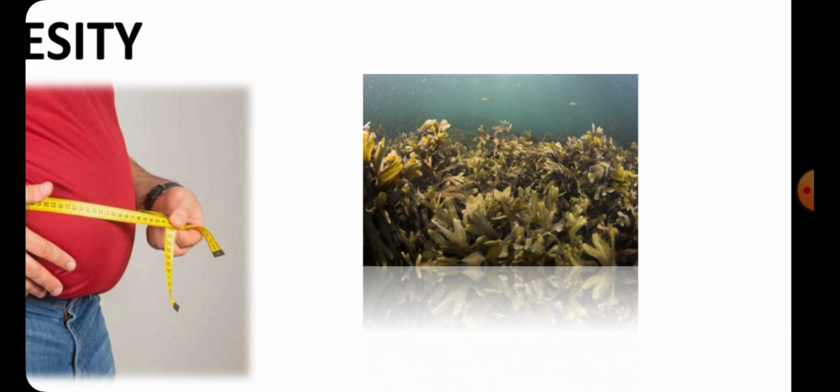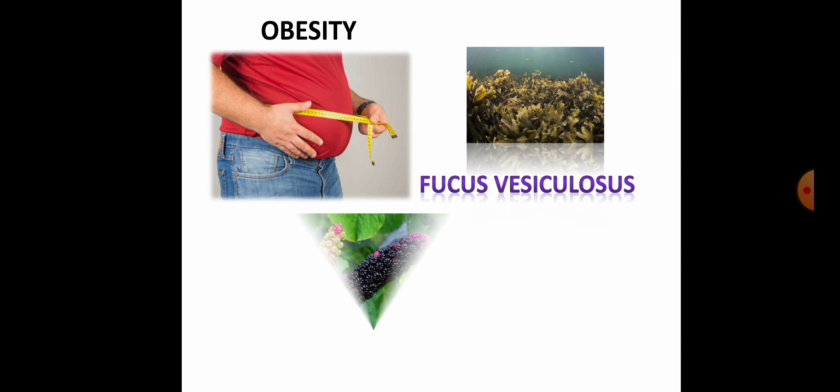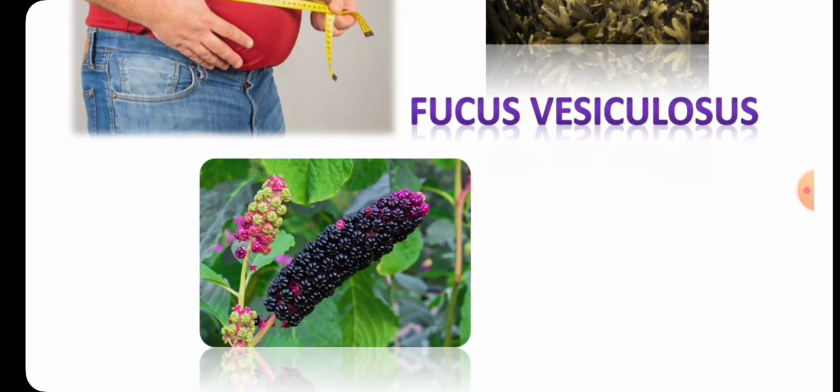So this is a seaweed which we call Fucus vesiculosus. This is used for the preparation of mother tincture for obesity in homeopathy.